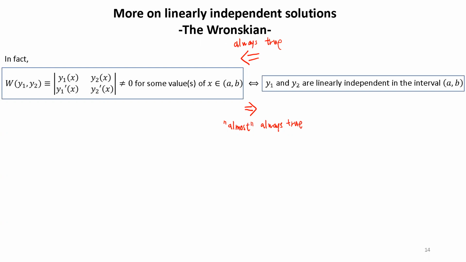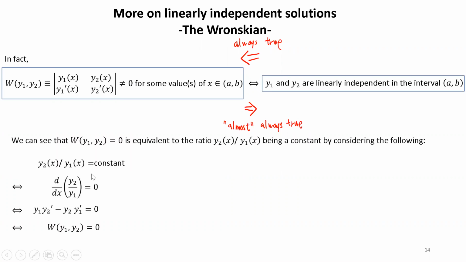When you have three functions, or four functions, that you want to test whether they are linearly independent or not, the Wronskian will become a useful tool. But that's something for later. At least for now, let's just focus on why the Wronskian being non-zero is equivalent to saying that the two functions are not scalar multiples of each other.